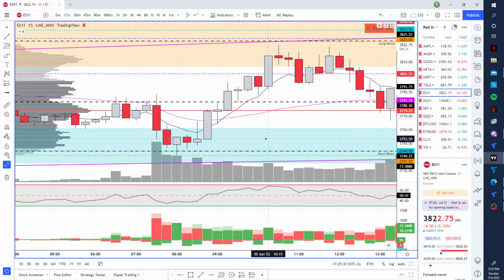Because market makers also want to be able to get these prices at a discount. So you might have a huge run up, and then one random anomaly lot print way down low to keep that price low, and then you'll get another big pop. I call those reloads.